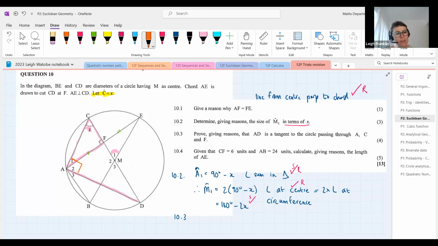And Nhlanhla, I'm just having a look at angle. Hang on. Nhlanhla, we know that angle M2 is 180. We can do it your way, Nhlanhla. We can do it both ways. So we know that angle M1 was 180 minus 2x, right?